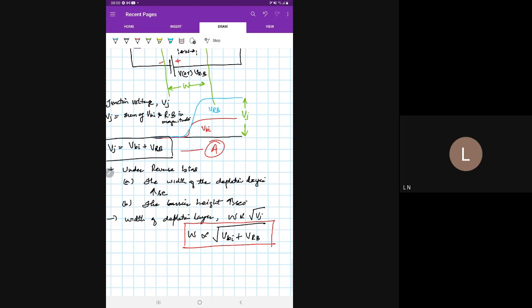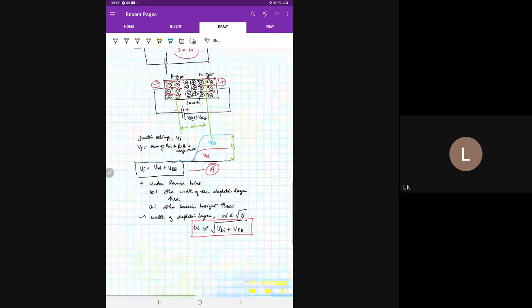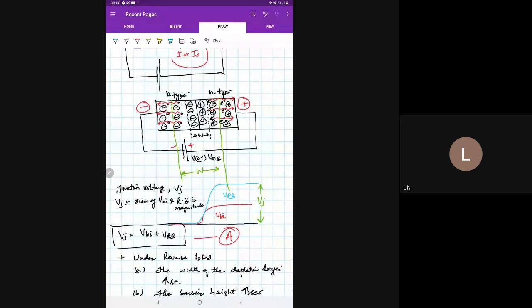In a reverse bias diode, please note down that current is only due to the flow of minority carriers. Now in this diode, on the P side electrons will be minority carriers, and on the N side holes will be minority carriers.